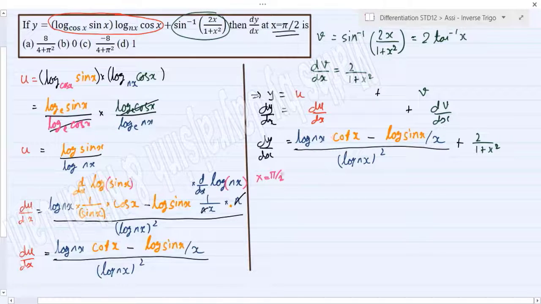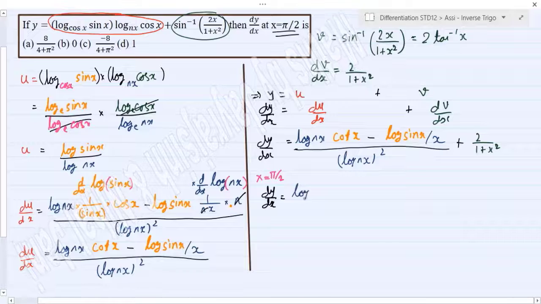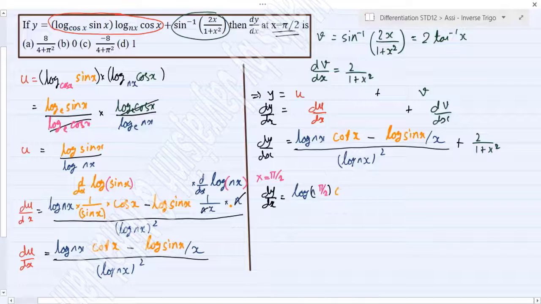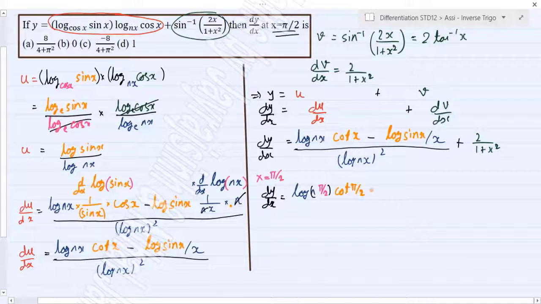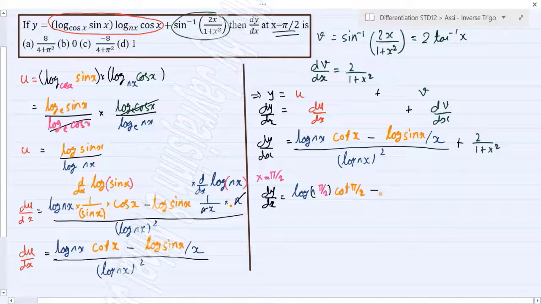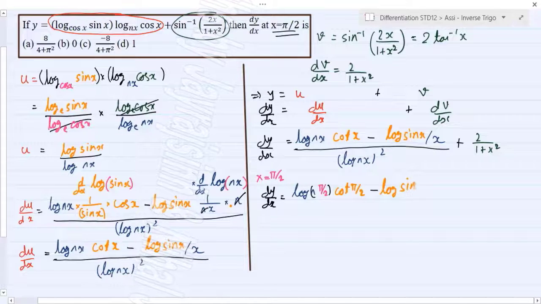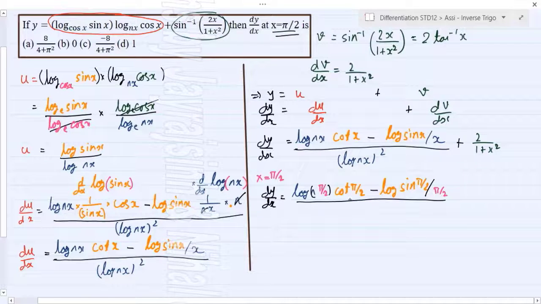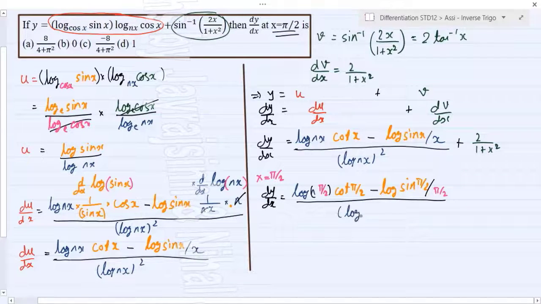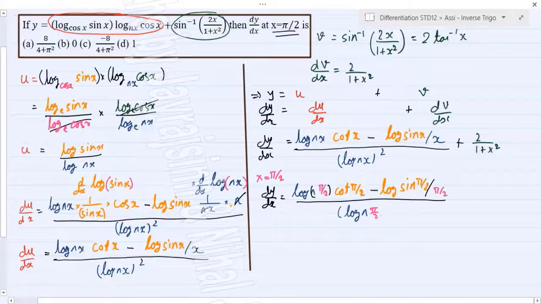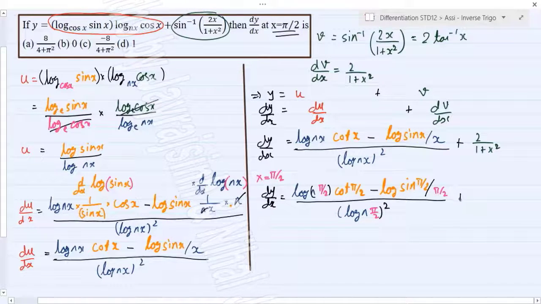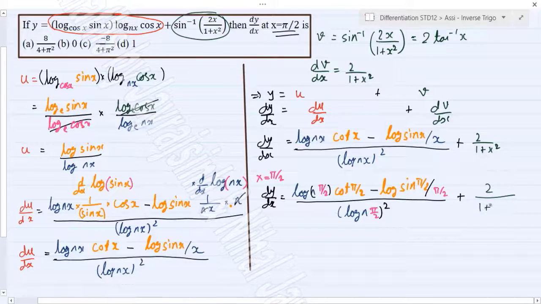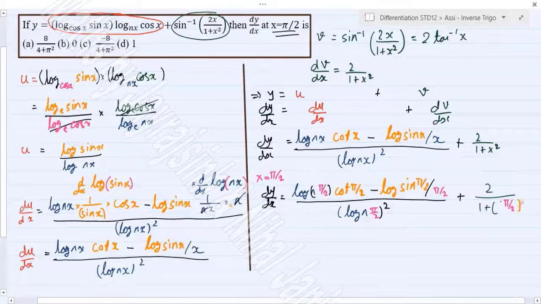So let's place x is equal to pi by 2: log nx, or we can say pi by 2, into cot x, or we can say cot pi by 2, minus log sin pi by 2 upon pi by 2, whole divided by log n pi by 2 the whole square, plus in second term we have to put 2 upon 1 plus pi by 2 the whole square.